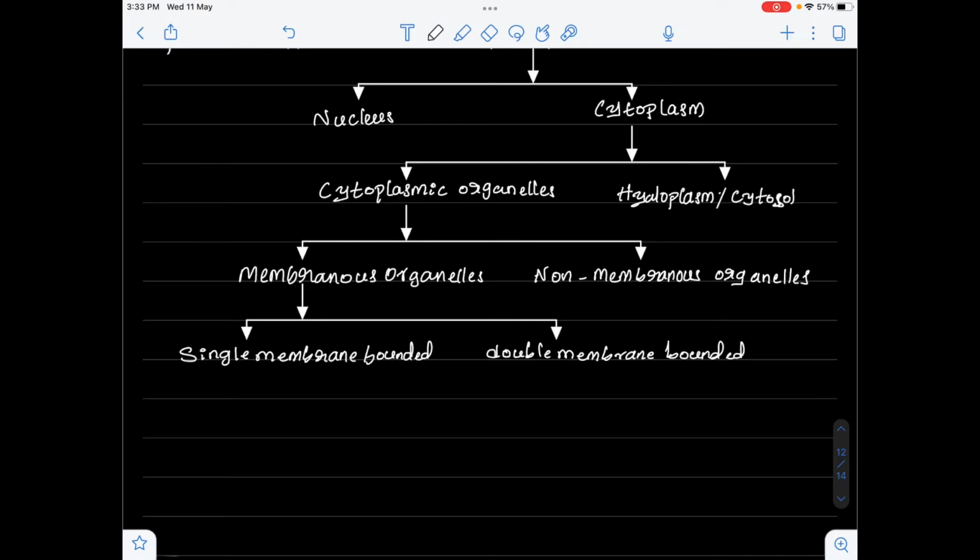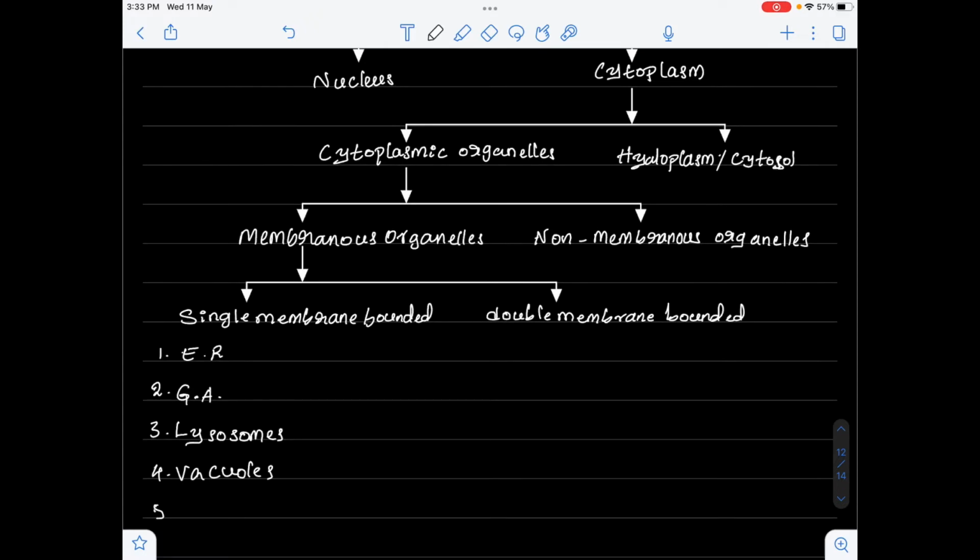Now let us take examples of single membrane bounded cell organelles: endoplasmic reticulum, Golgi apparatus, lysosomes, vacuoles, peroxisomes.